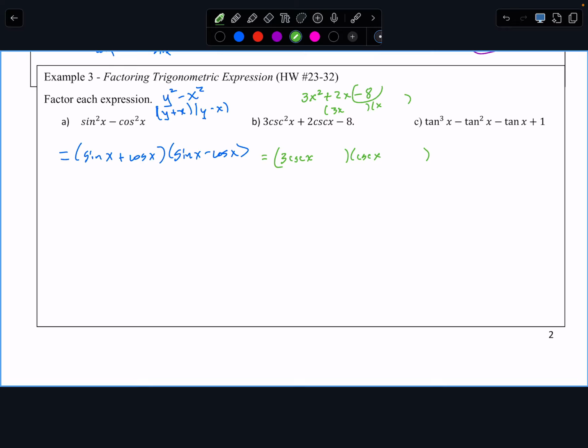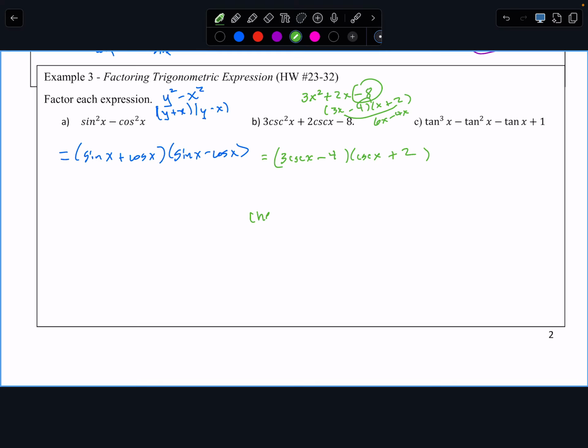So it's as though you're doing a 3x here and an x here. And then you need numbers that will multiply to 8, but the outer and inner product add up to 2. So if I try a minus 4, this isn't the right one, and a plus 2. Oh, actually, my brain did it right. I tried to do it wrong. You get a 6x and a minus 4x, and that is 2x. I tried to do it wrong, but my brain just put it in there correctly. And so that's what we're going to have here, a minus 4 and a plus 2.